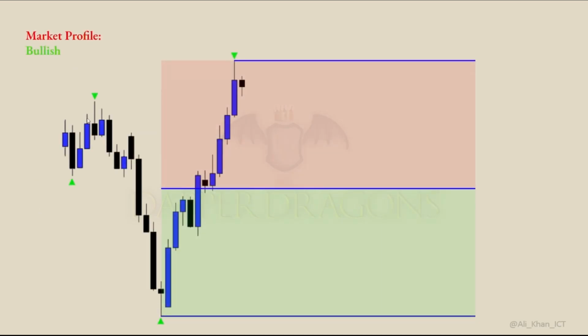So remember this example of the Australian dollar. We had the swing low taken, the swing high taken, and we now have the dealing range high and the dealing range low, so we can define the premium and the discount levels. The swing high is at 100% and the swing low is at 0%, and obviously you're 50% in the middle.